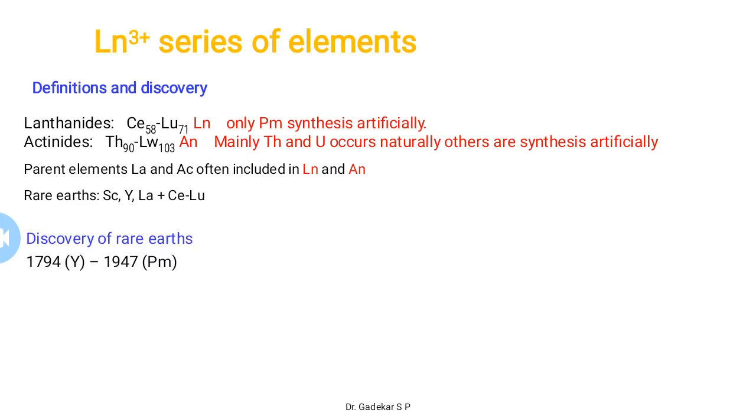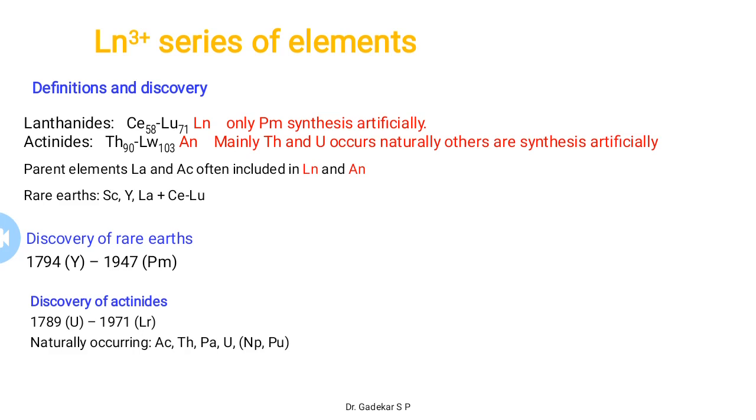So in the lanthanides only promethium is artificially synthesized, but among the actinides thorium and uranium occur naturally and the others are synthesized artificially. Sometimes neptunium and plutonium, Pu, also occur in nature, but they form by capturing neutrons from uranium, in small abundance.